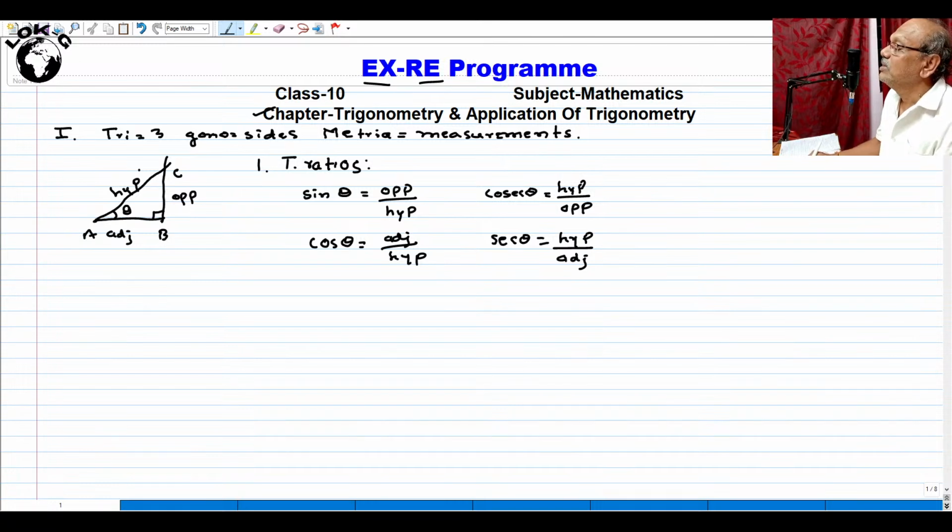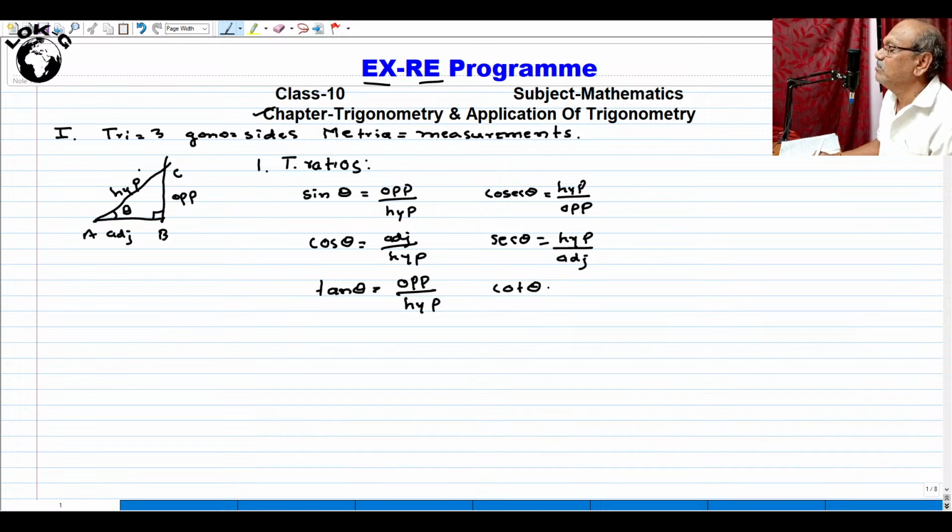Another set of ratios are two more ratios. Totally there are 6 ratios. First step in learning trigonometry is you have to make these 6 ratios perfect. Check, do you remember them correctly or not?